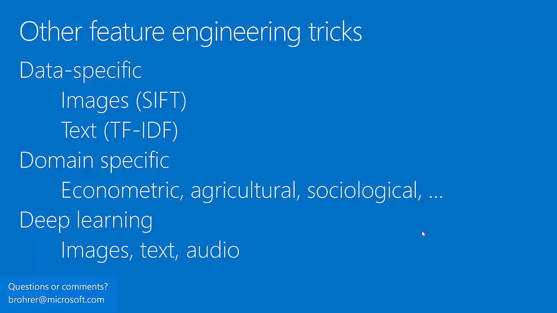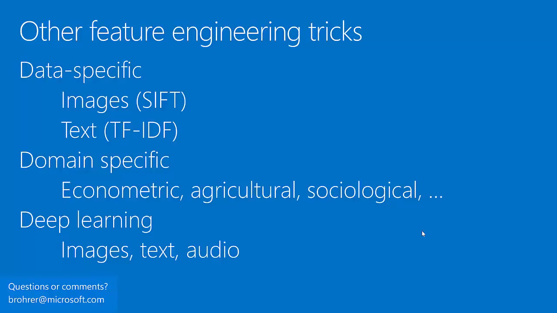There are other domain-specific feature engineering tricks depending on whether you're working in economics or agriculture or sociology. Different things matter. And sometimes you have to take what you measure and do some tricks with it before you get to the thing that matters.